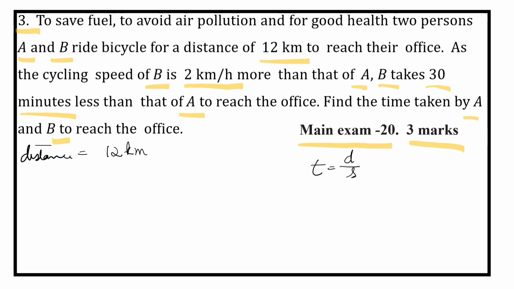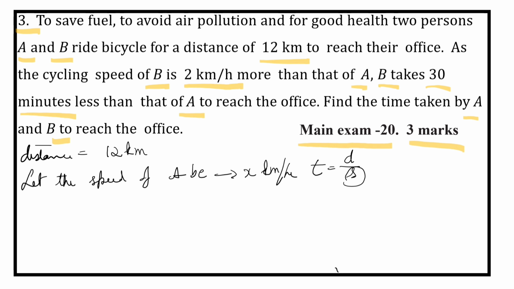T is equal to D by S. Now let the speed of A be x kilometer per hour. Why do we have to take A's speed? It is less speed. Then B is x plus 2. Why? 2 kilometer per hour more than that of A.